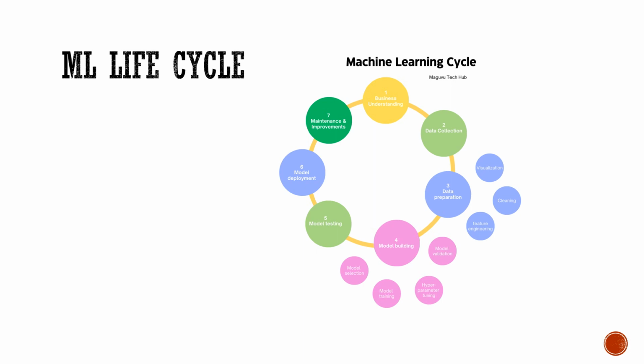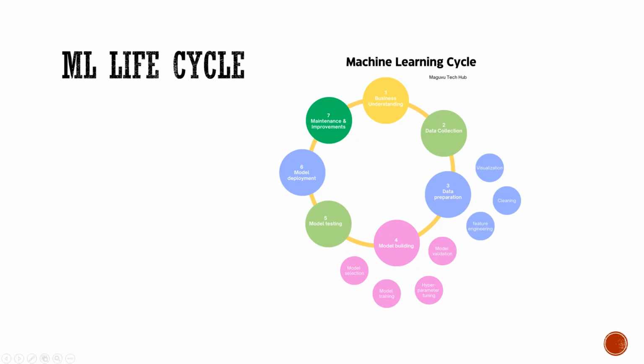Once we have deployed the model, we want to maintain, observe and monitor the model to see if it continues to perform as expected, taking into cognizance that data continues to change and results might also change. We also want to review the business objective and the problem statement to see if they have changed, so that we can improve the model by going through the cycle once again.